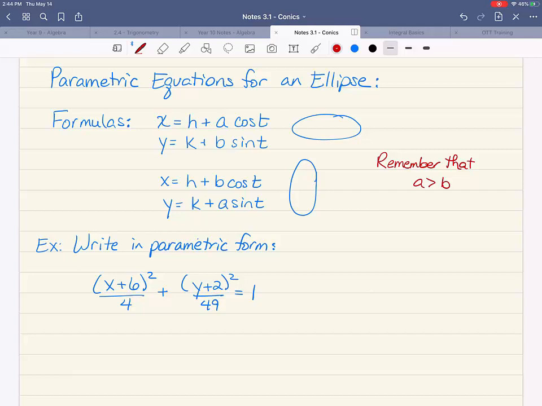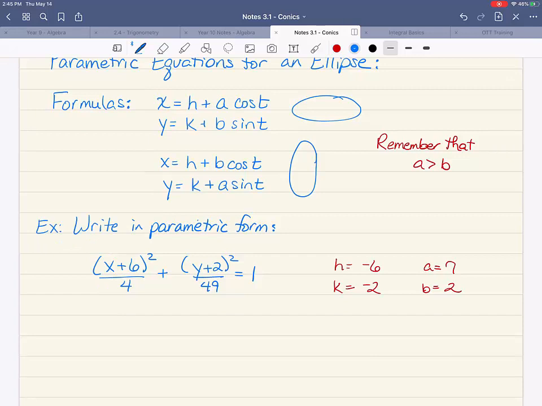So I'm going to do it this way. I'm going to need h, k, a, and b. H and K are pretty straightforward here. H is -6, K is -2. A is the square root of the larger denominator, which is 7, and B is going to be 2.